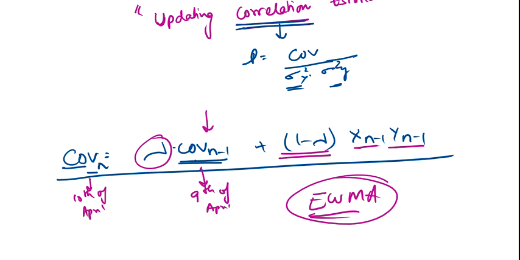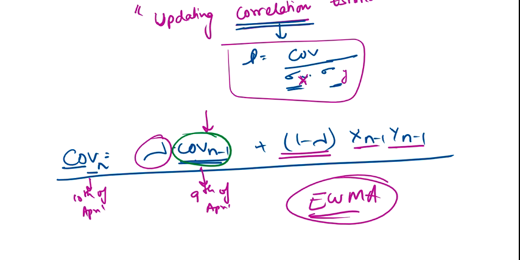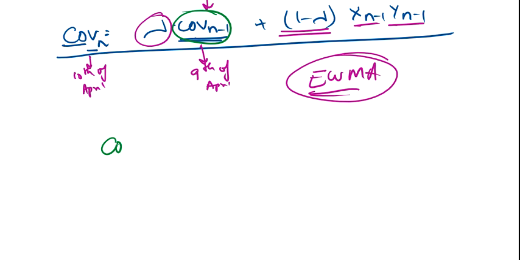By mistake here I have taken square. This will be only sigma x and sigma y. This is how we calculate the covariance. Now suppose in the question, they do not provide you the covariance of n minus 1, how will you find it out? You will find it with the help of the formula, that is correlation multiplied with the sigma of x and sigma of y. Clear?